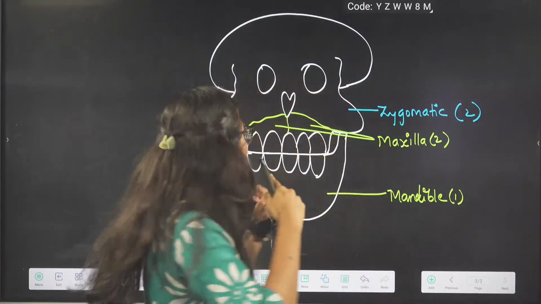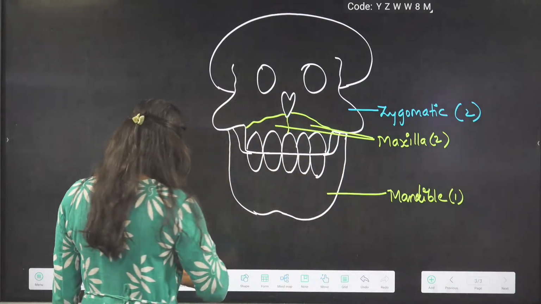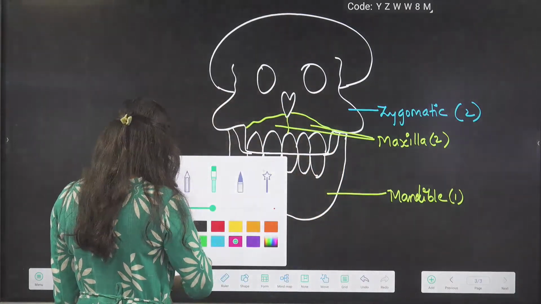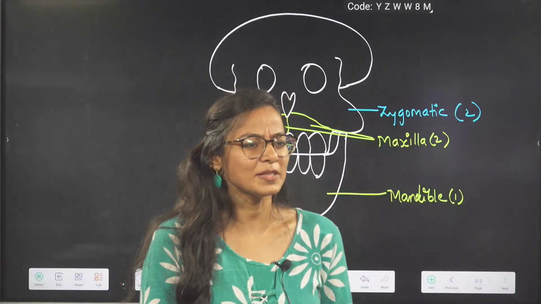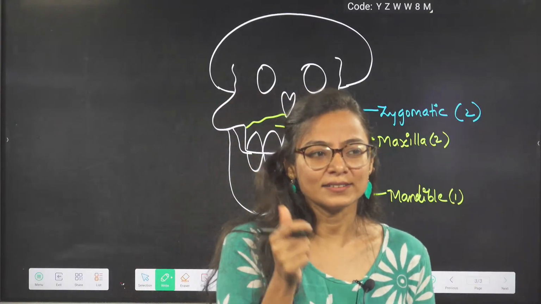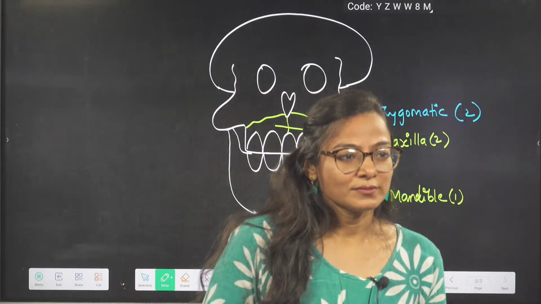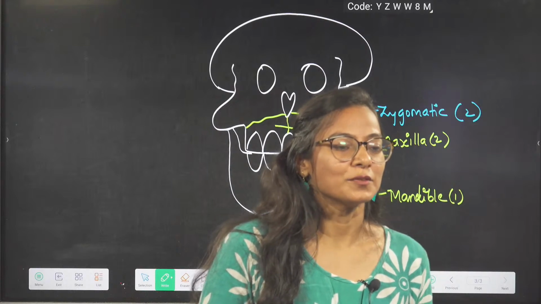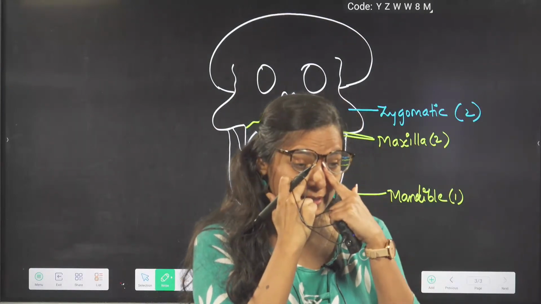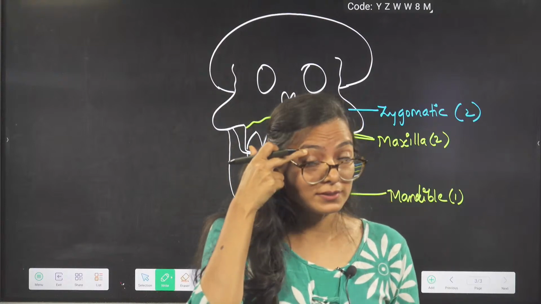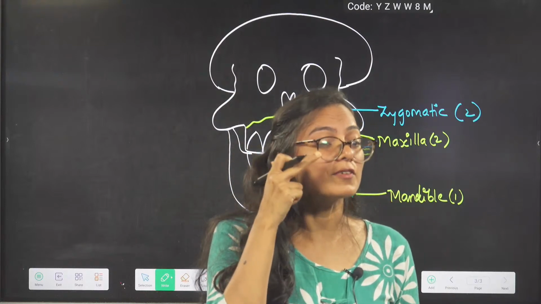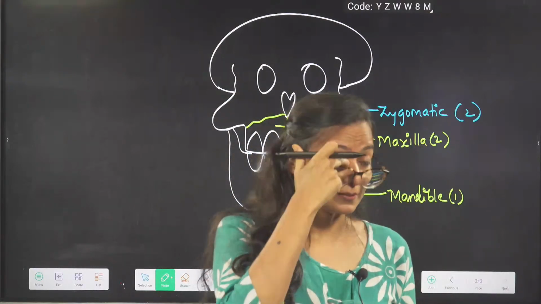Yes. Okay. Then next let's go to the lacrimal. So have you heard about the lacrimal gland? What is lacrimal gland? Can anyone tell me? Lacrimal gland. Yes, tear gland. Very good. Yes. So here actually if we have one lacrimal gland over here above this eyes and one lacrimal gland here, right?